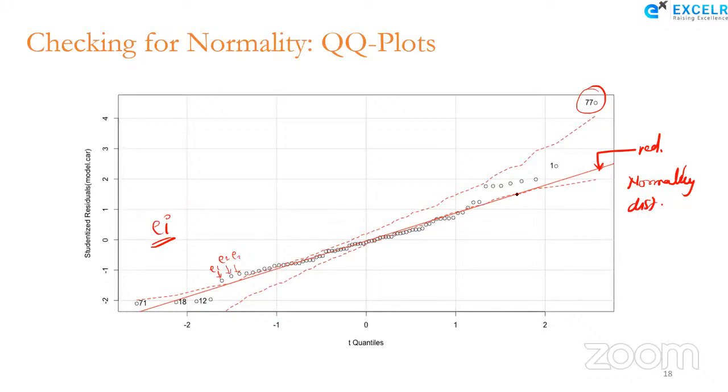If they are not on this thick line, they should be at least in between these dotted lines. These dotted lines are nothing but the 95% confidence interval that I talked about. So the error points should at least lie within the 95% CI, which means we can still consider them as normally distributed.